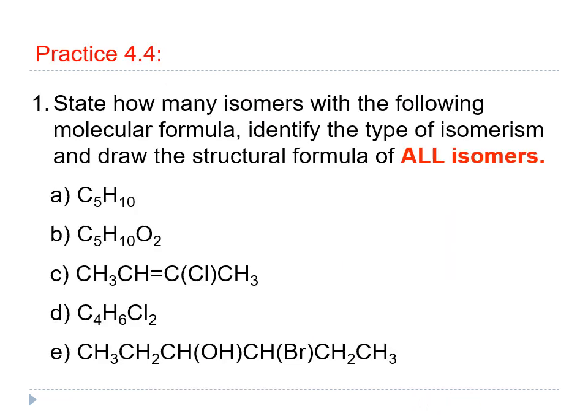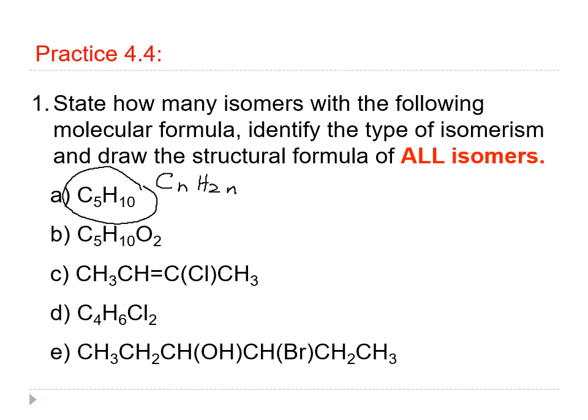Okay, let's do question number 1A of practice 4.4, C5H10. So we need to make sure that the number of carbons is 5 and hydrogens is 10. So the formula that we are going to use is CnH2n, which is most probably an alkene.